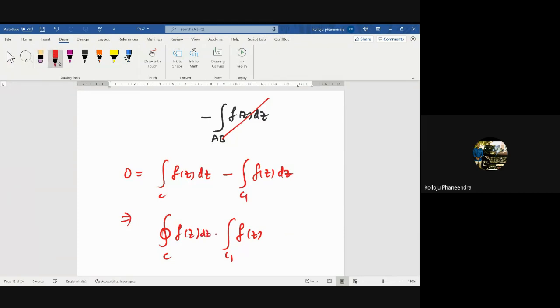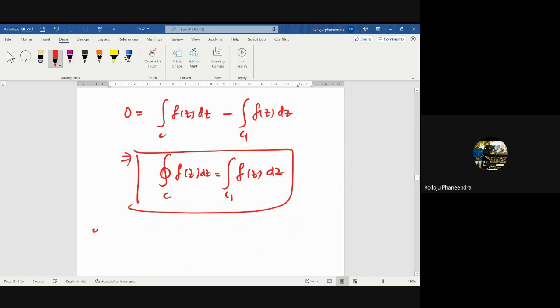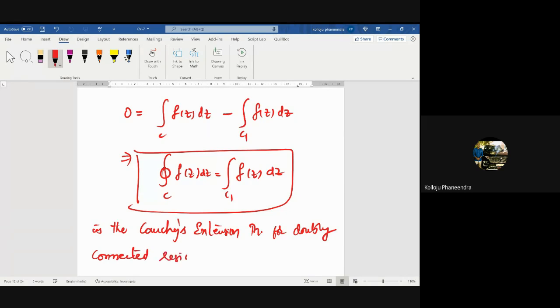This is Cauchy's extension theorem for doubly connected region.